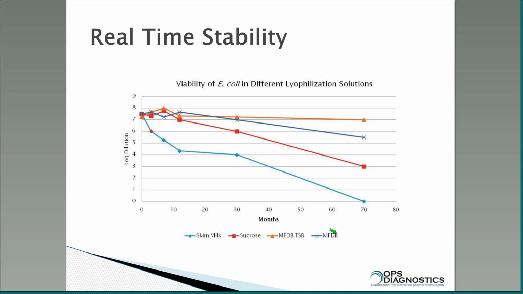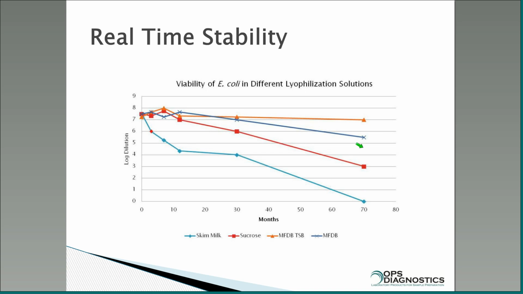But over 70 months, the skim milk ended up coming down to nothing, all right? And this nothing was just actually last week for yucks. We pulled our samples out of the refrigerator where we keep them at 4 degrees, and the skim milk was dead. The sucrose was down to 10 to the 3, so that dropped maybe 4 to 5 logs, so a significant drop off.